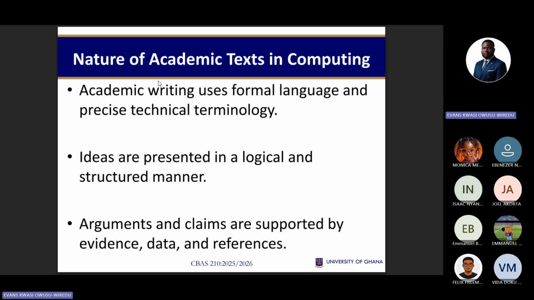Okay. So academic text, the nature of it, is also one that is based on arguments and claims. Claims are basically not truth, but let's say facts, right? That is true to the person who is speaking, right?